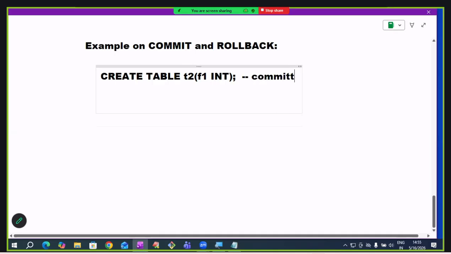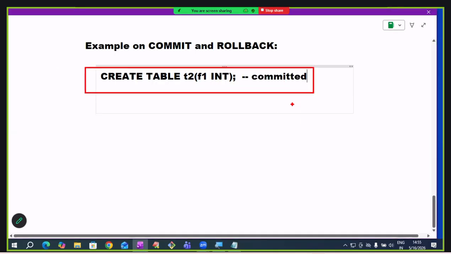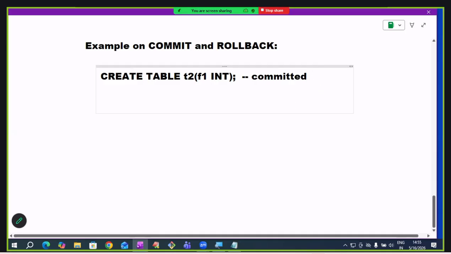Till here the data is committed, because create is an auto commit command. Here, when the create command is executed, internally create plus commit is executed.